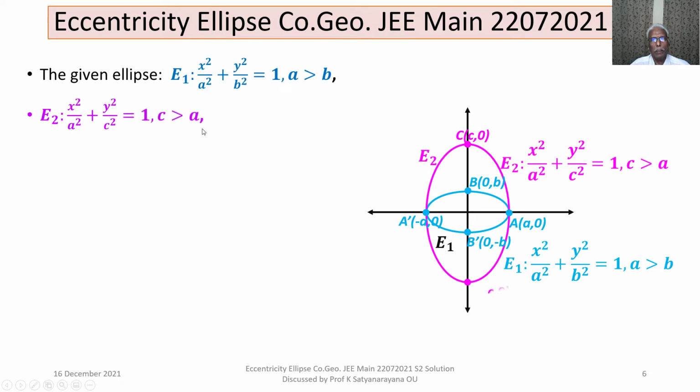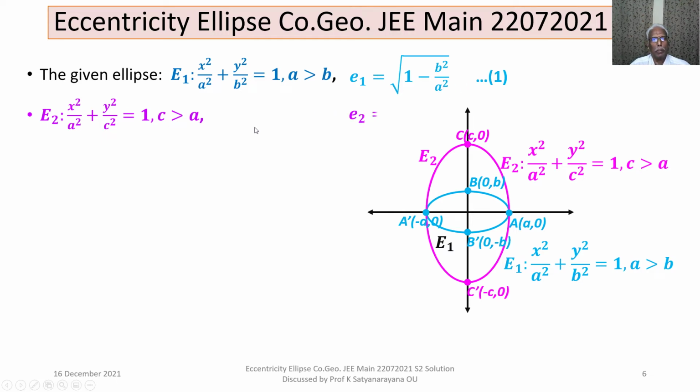E2 is here, and we compute the eccentricity of the first ellipse. E1 is equal to under the square root of 1 minus b square by a square, that is the semi-minor axis square by semi-major axis square.